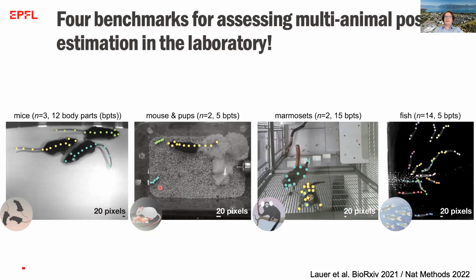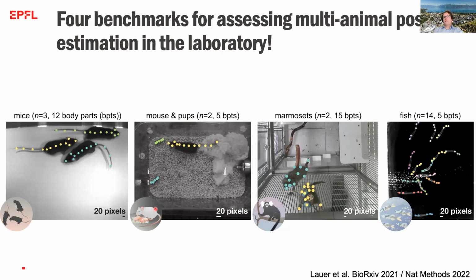That allows, for example, the tracking of the multiple pups, which are treated here as multi-individual, and a single animal. Or one could, for example, track multiple mice and how they interact with one object. This is one feature that our design allows us to do. So we introduced those 4 benchmarks to assess multi-animal pose estimation in the laboratory.